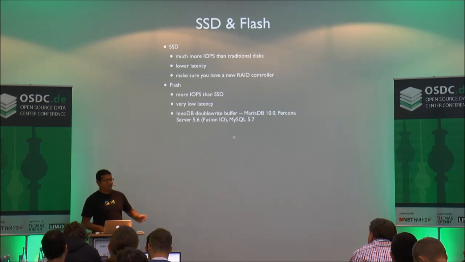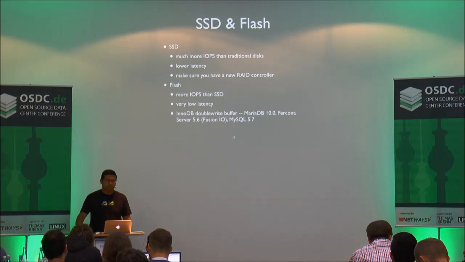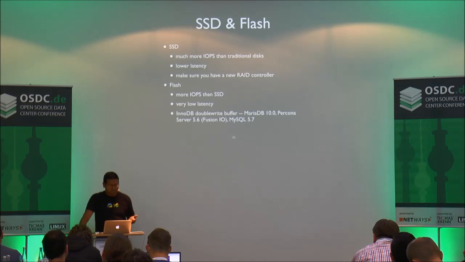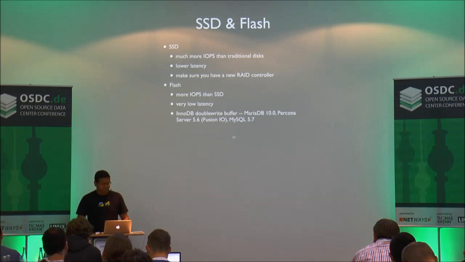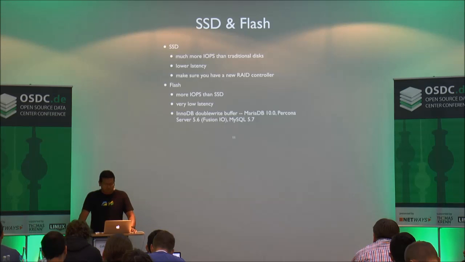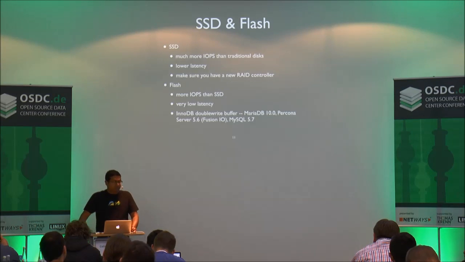One thing worth mentioning is that the double write buffer obviously writes twice, but Percona, in their release of MySQL 5.7, has introduced something new as well. If you end up using Percona Server, you'll see that there's something known as a parallel double write buffer, where you actually get a private buffer for each and every instance. The regular double write buffer is shared between all the buffer pool instances and all the flusher threads inside of InnoDB.